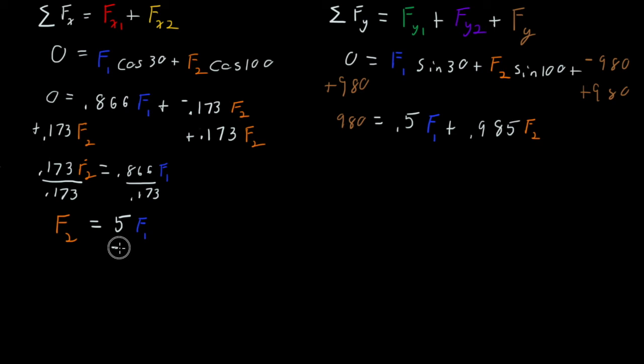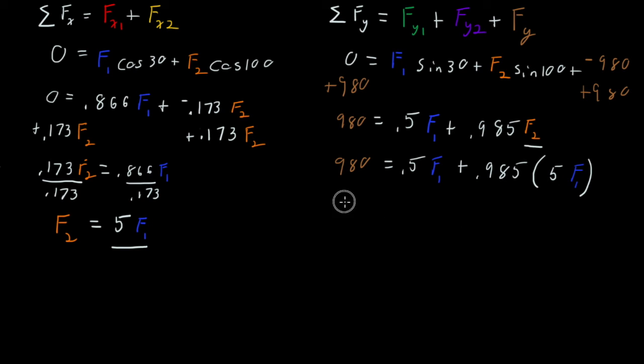Next, I'm going to take my 5F1 and substitute that in for my F2. Then I'm going to distribute my 0.985. And finally, I'm going to add my two F1 variables together. I'm going to divide both sides by that sum.